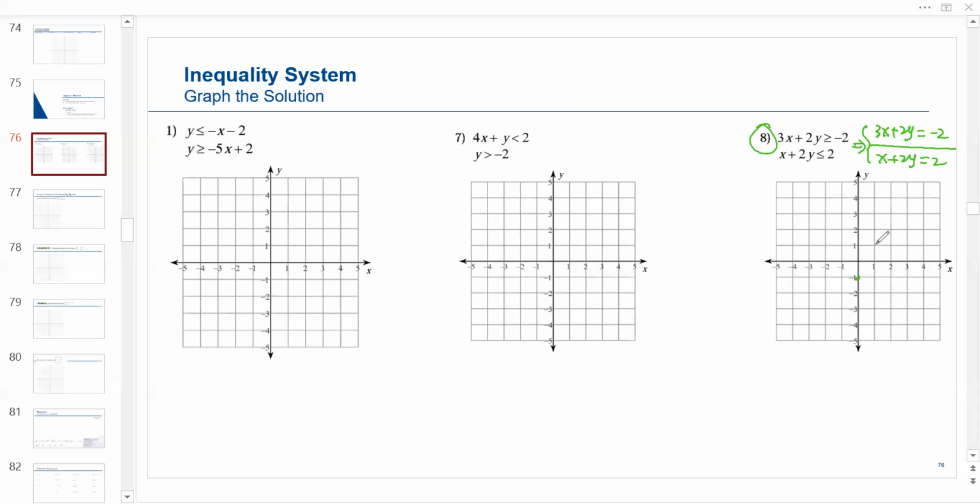Let's plot this dot. When y equals 0, x equals -2/3. -2/3 is about here. So we can quickly graph this one. Since it has the equal sign, we can use the solid line. Just about here.